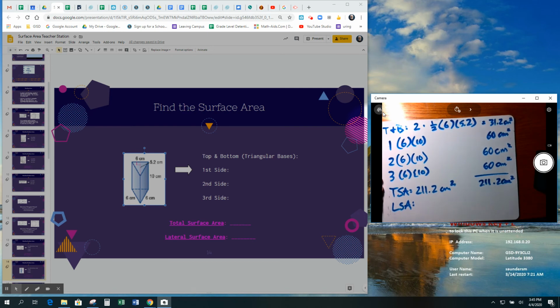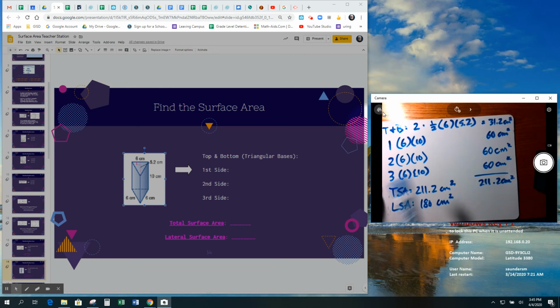So my total surface area is the sum of all 4 of them, my 3 sides plus my top and bottom. And that came out to 211.2 centimeters squared. And my lateral surface area is just these 3 sides, or 180 centimeters squared.